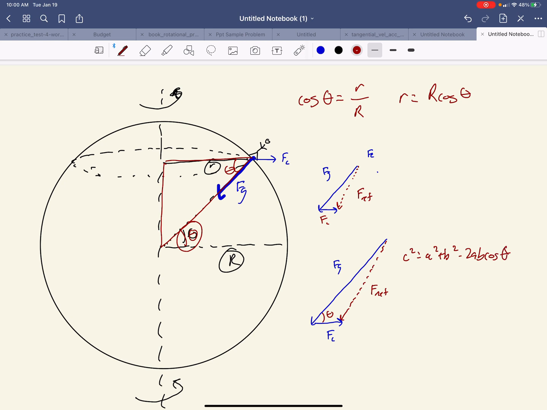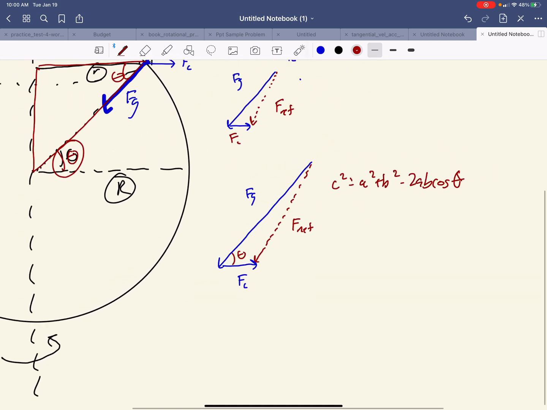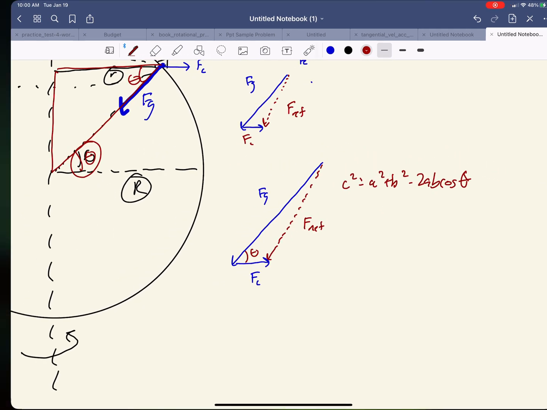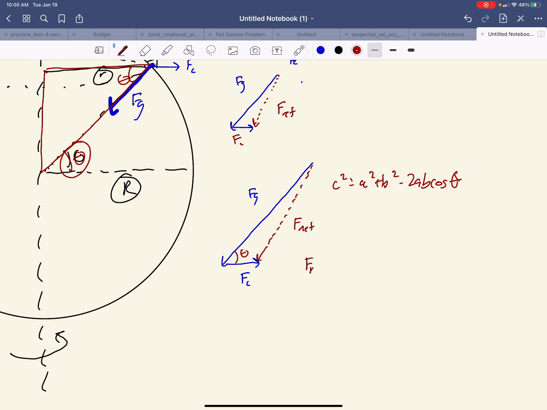So we can use that here: F net squared is equal to F sub G squared plus F sub C squared minus 2 F_G F_C cosine of theta. Reminder that F sub C is m r omega squared, or m v squared over r.